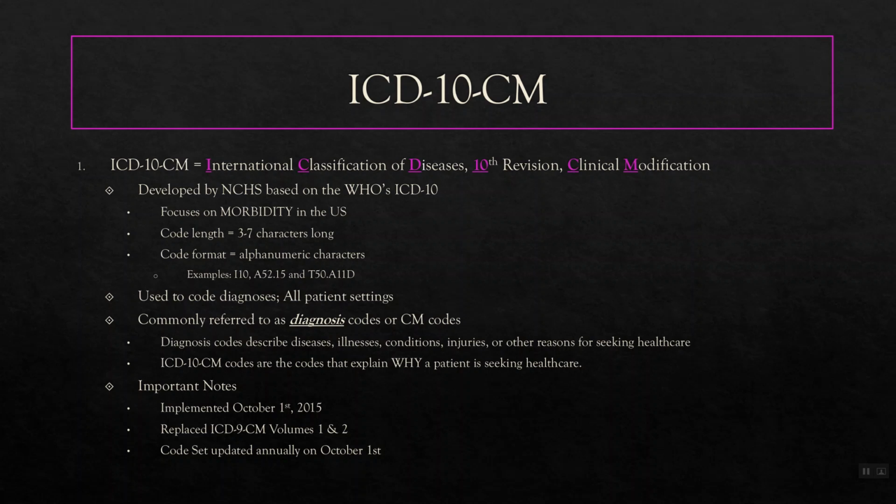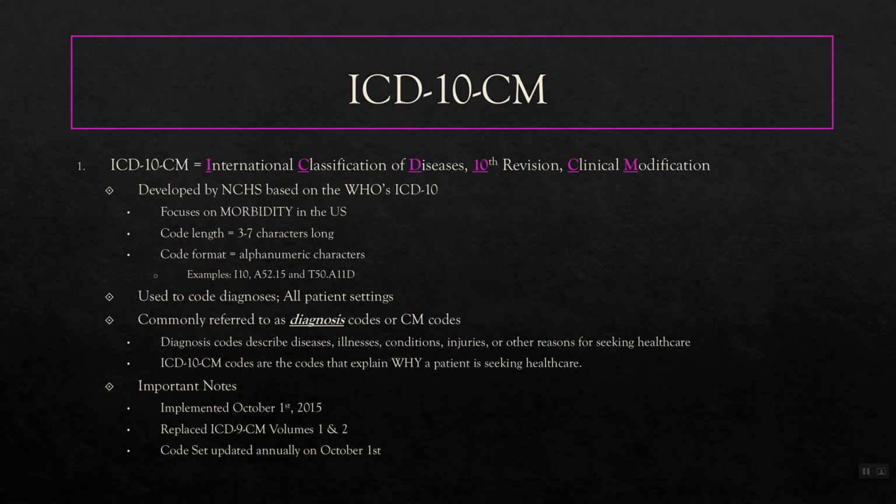Okay? ICD-9 was 3 volumes, and basically it ran out of space to continue to add new codes, and it couldn't get down to the granularity, the specificity in which we want to tell the story of the patient.